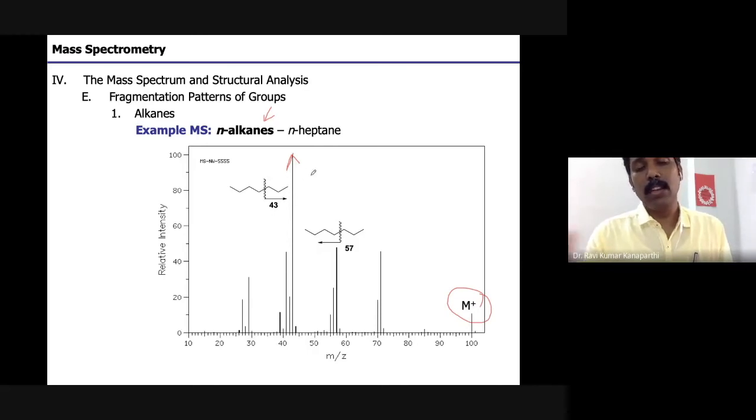Leaving that propyl carbocation is somewhat stabler as compared to the higher carbocation like the butyl carbocation. Therefore, that will be the base peak, and the rest of the peaks you can see accordingly. Okay, so 57 corresponds to the butyl one. So that you can encounter if there is a fragmentation of n-heptane at this bond.